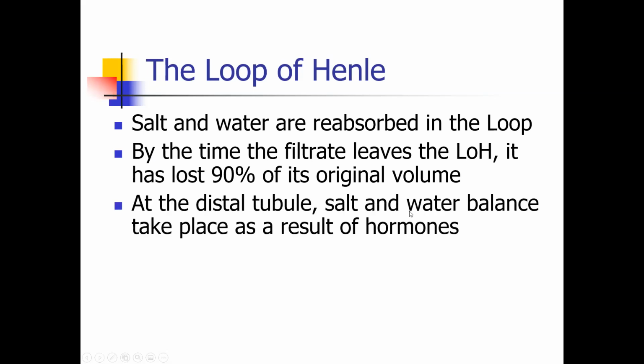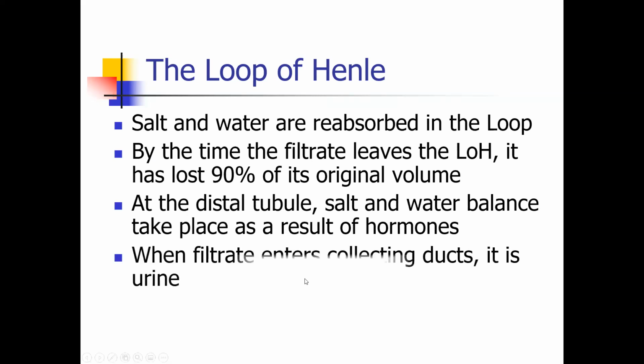At the distal tubule, salt and water balance take place as a result of hormones. So hormones determine, do we want to retain more salt? Do we want to retain more water? Or do we want to let it go because we're consuming lots of fresh water? When filtrate enters the collecting ducts, it is urine, and generally nothing else happens to it. A tiny amount of reabsorption and secretion can occur, but by the time it gets into the collecting ducts, it's about 99% finished.